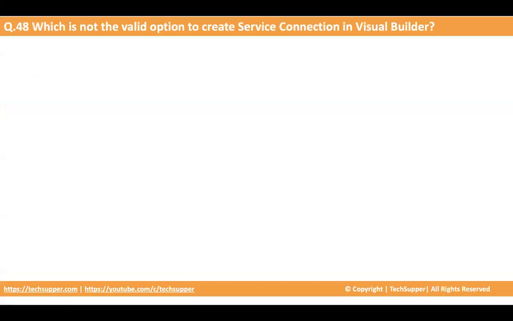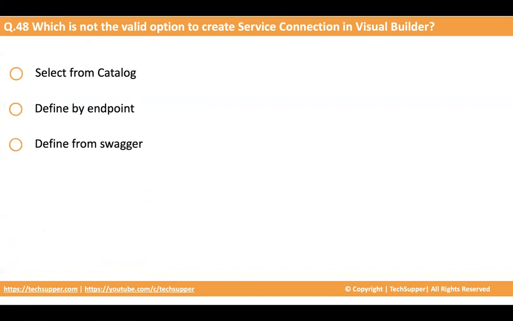Okay, what is the next question? The next question is, which is not the valid option to create service connection in Visual Builder? So in Visual Builder, you can create service connections. Which is not the valid option? Let's look at the options. Select from catalog, define by endpoint, define from Swagger, define by specification.